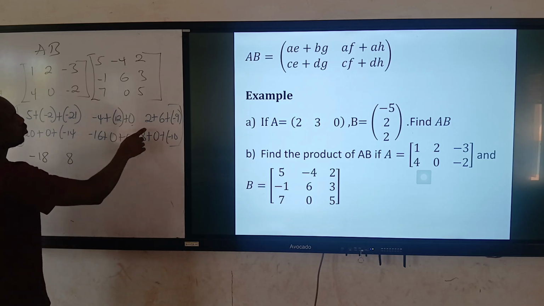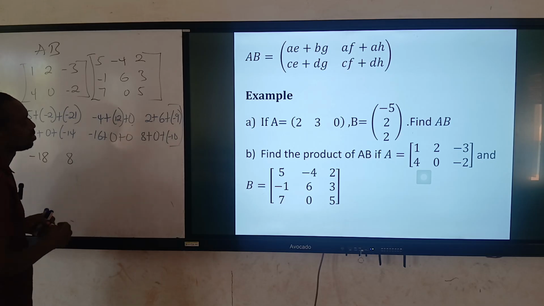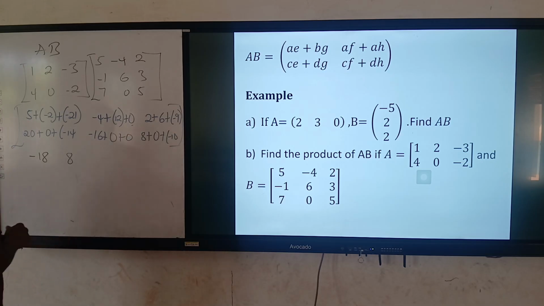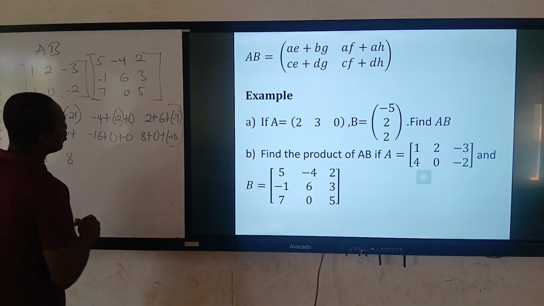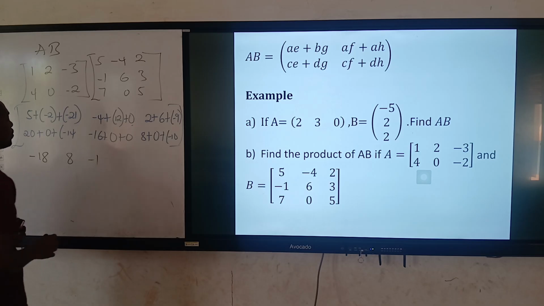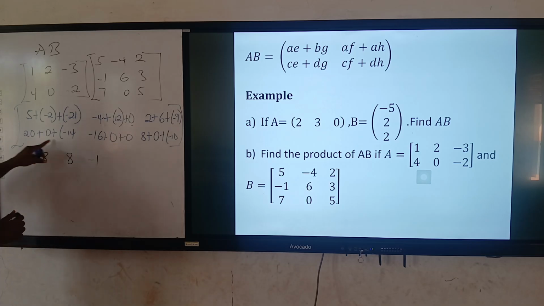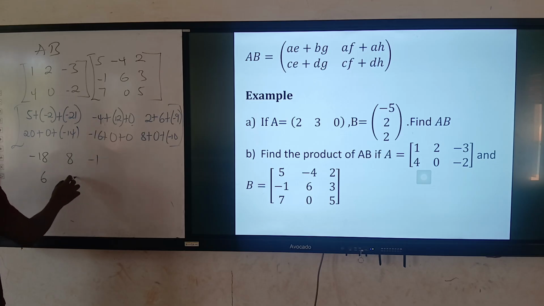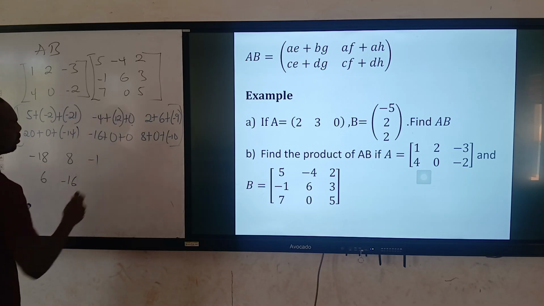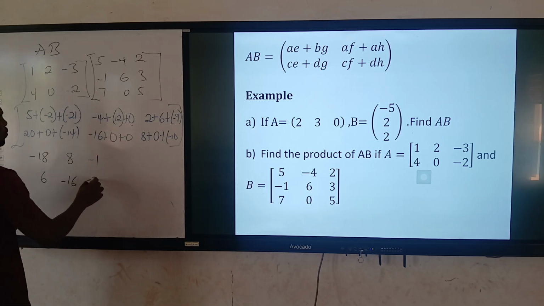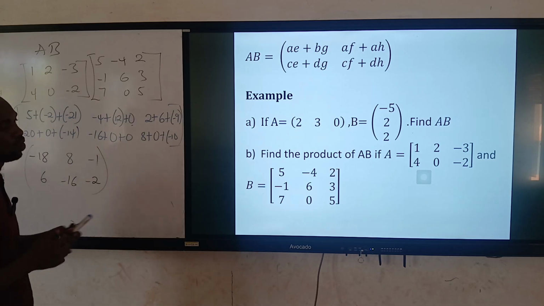Then 2 plus 6 minus 9 gives negative 1. Then let's solve the second row: this one gives us 6, this one gives negative 16, and this one gives negative 2. So this becomes the answer for B.